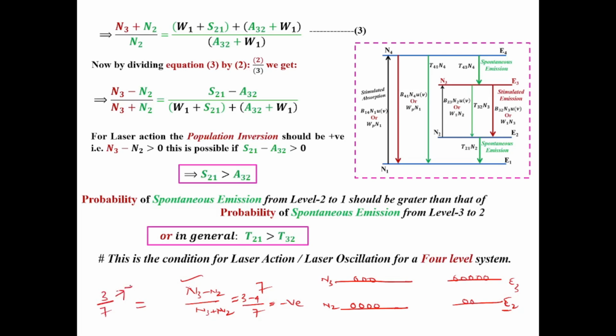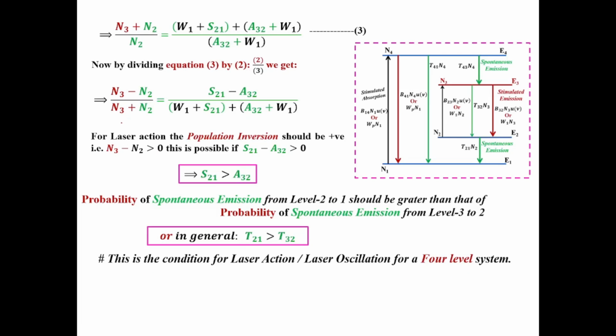This is a positive value. So if this ratio, the difference of concentration by total concentration, is positive, then we can say it is the situation of a population inversion. That means population inversion is achieved.